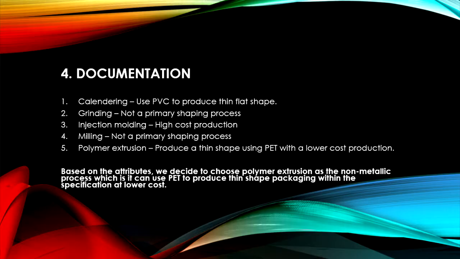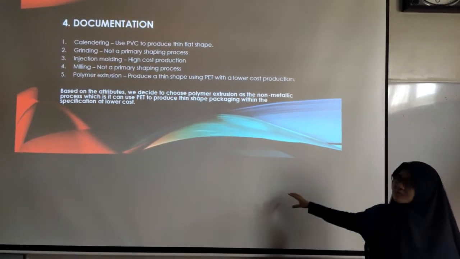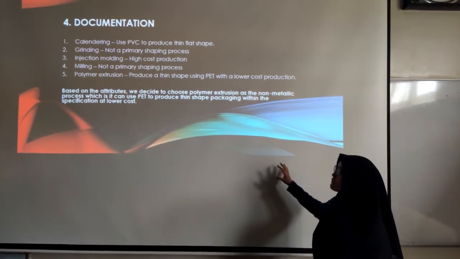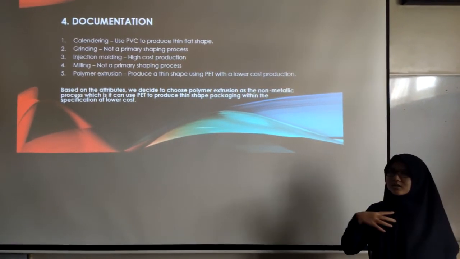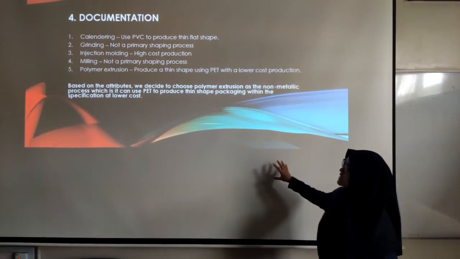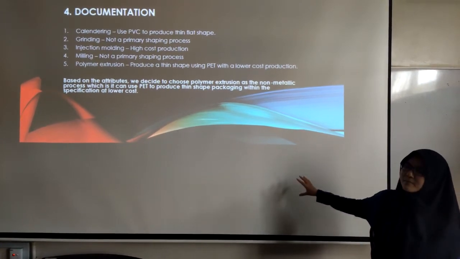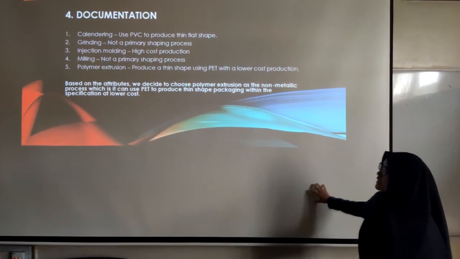So for the planing, we cannot use it as the process because it uses PVC to produce a thin flat shape, while we use PET. While grinding and milling, we cannot use them because they are not primary shaping processes.